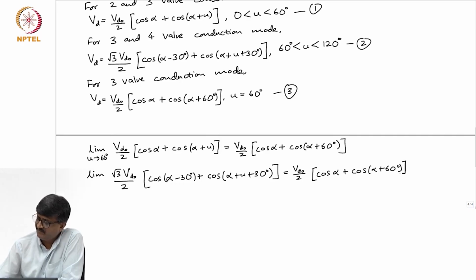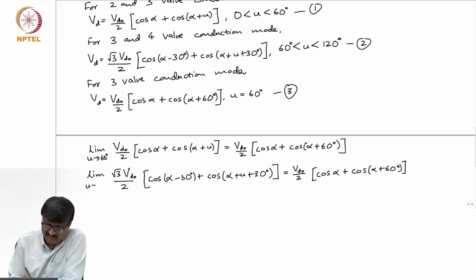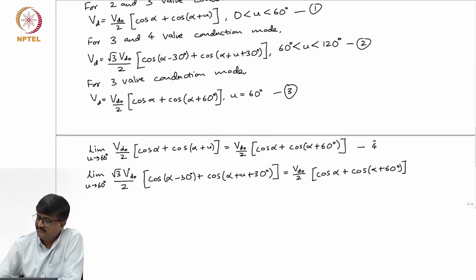It is not as obvious as the previous case, but it's not difficult to derive. So I will leave it to you to show that this equation is true. So I get this as equations 4 and 5.